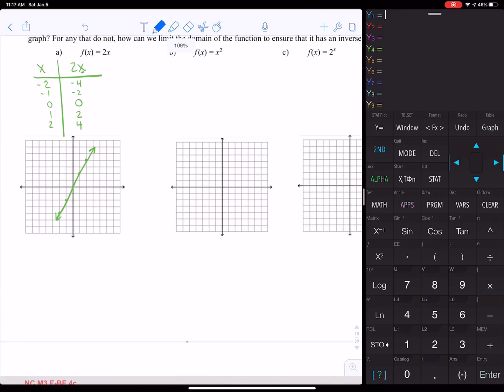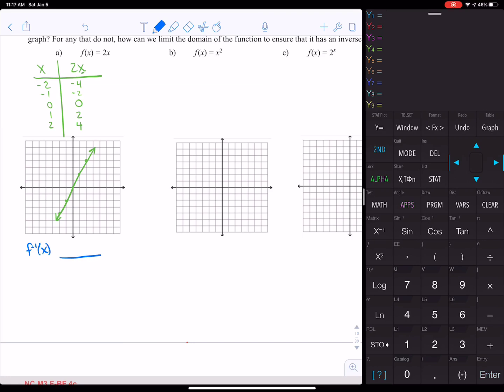So I'm going to go underneath the table and put the inverse. That was f of x, and this is going to be the inverse. So the inverse would be -4, -2, -2, -1, 0, 0, 2, 1, and 4, 2.